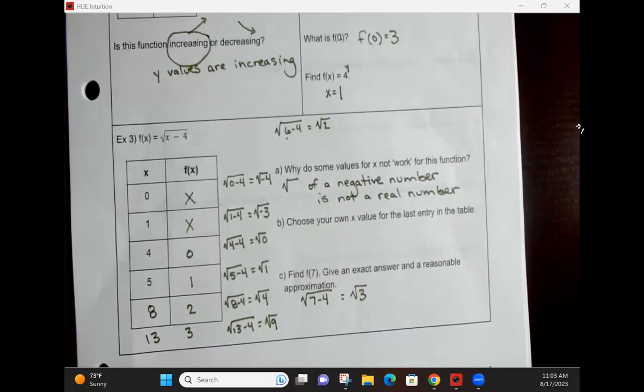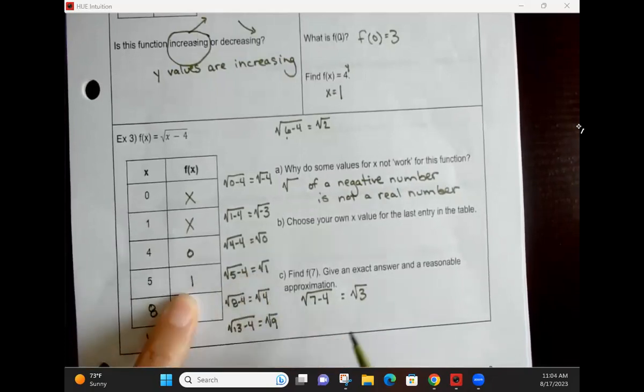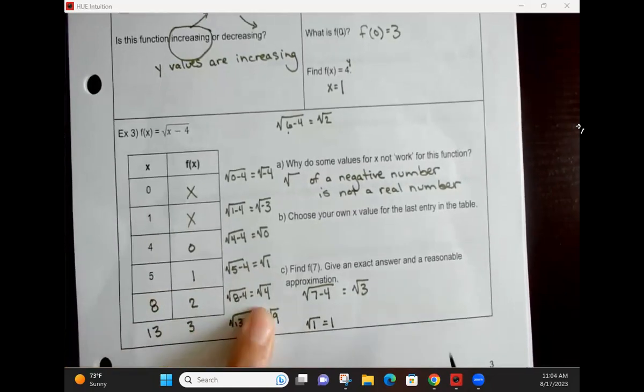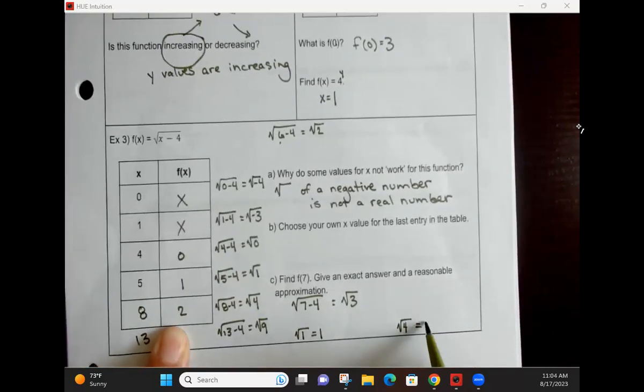But I also want to work on some number sense this year when we come to values that aren't nice whole numbers, okay? So we know that the square root of 1 gives us a nice value, right? The square root of 1 is 1. I know that the square root of 4 gives us a nice value. The square root of 4 is 2.